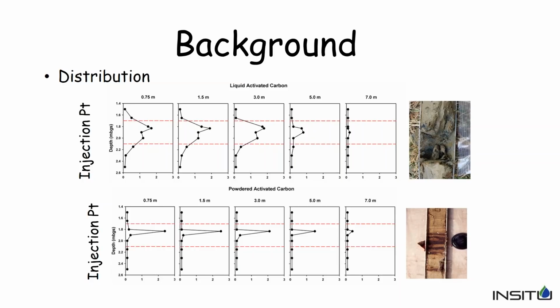We prefer the top graph because we see more distribution over the whole zone of influence. In the bottom graph, the one point where we detected it corresponded to a sandy seam within the till material with about 1 to 2 orders of magnitude higher hydraulic conductivity.